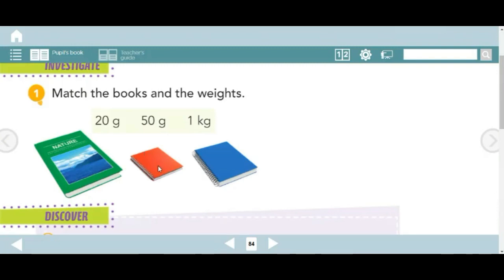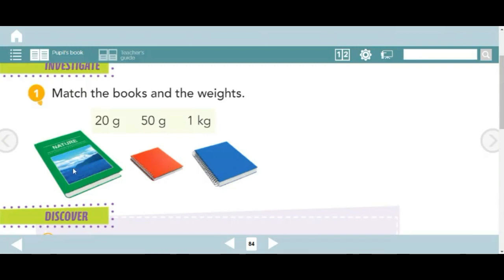The second one is a red notebook, and I think it is the smallest one. And the third one is a blue one, and it is between the green book and the red notebook. It's bigger than the red notebook and smaller than the green book.